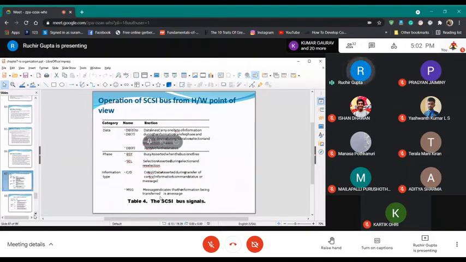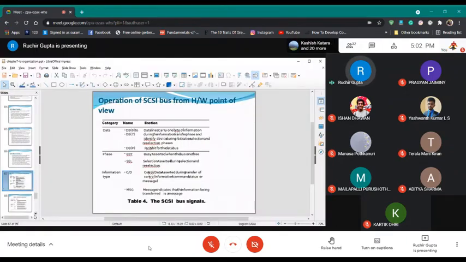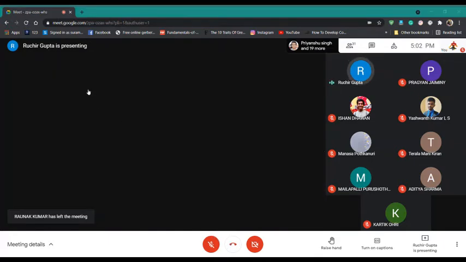So when there is more than one taker of a SCSI bus, how to resolve the conflict? So this is used for arbitration. And then CD, whether it is a control signal or a data signal, control bit or data bit. And then MSG indicates what kind of information is being transferred, a message.